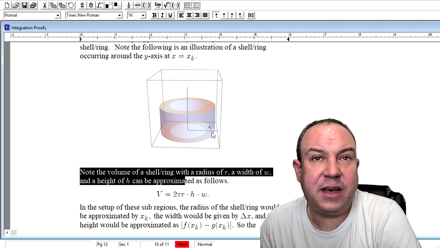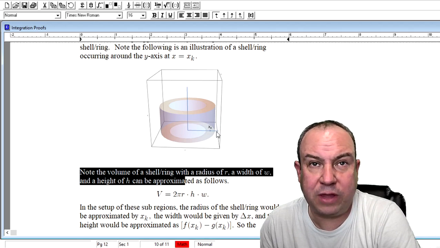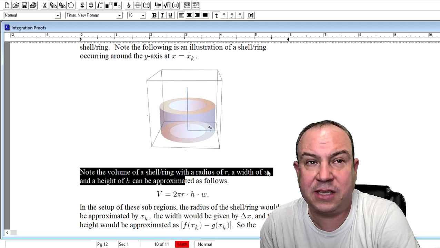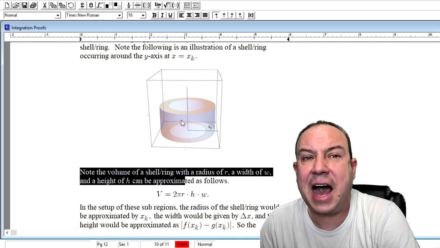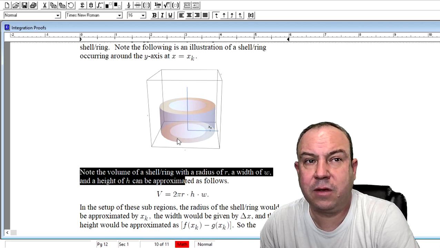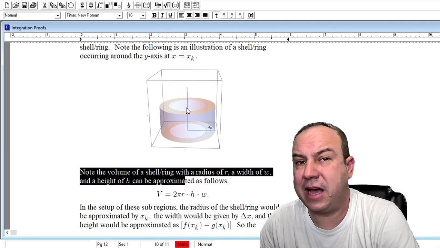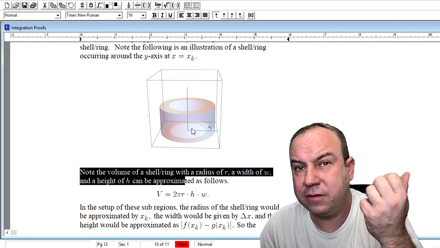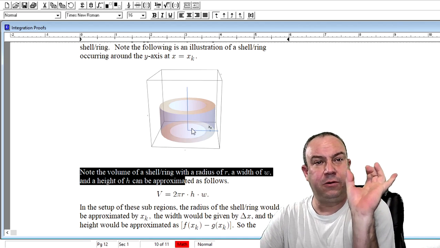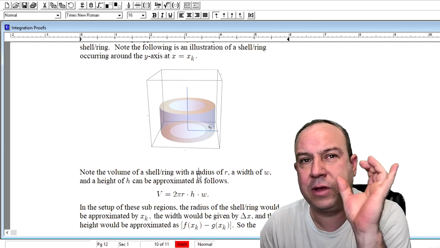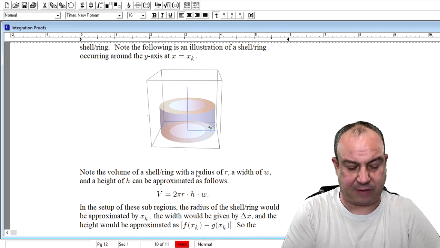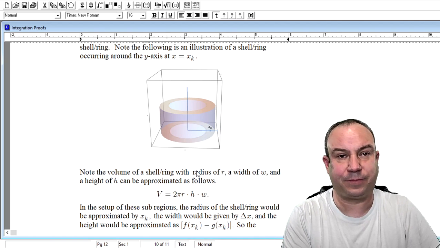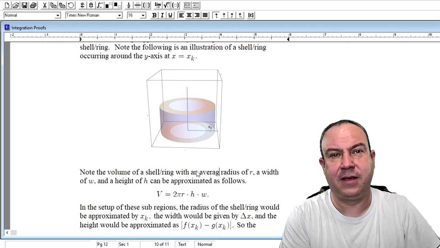And a width of w, the width from the left to the right of that ring, and it has a height that we might just call h in value. If we had a ring with an average radius of r, let's be a little more specific.